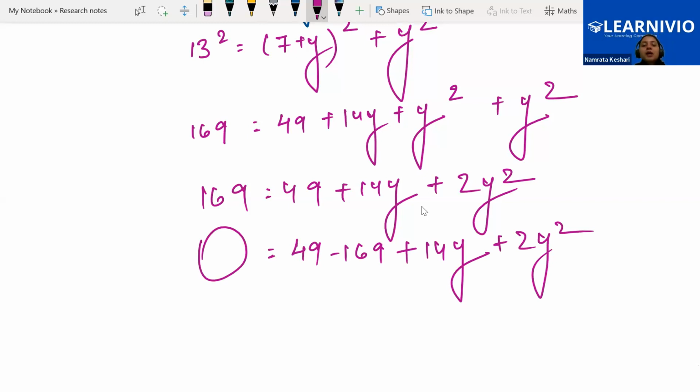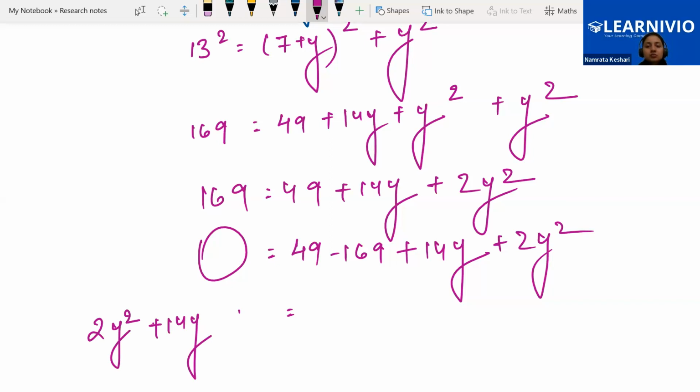Okay, so 49 minus 169. Can you tell me what will be 49 minus 169? Anyone? 120. Plus 120 or minus 120?